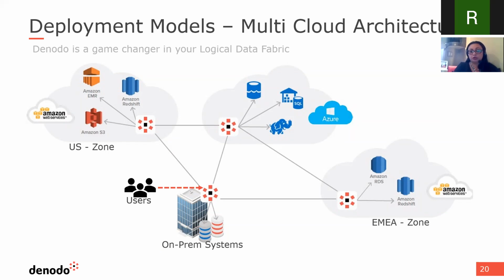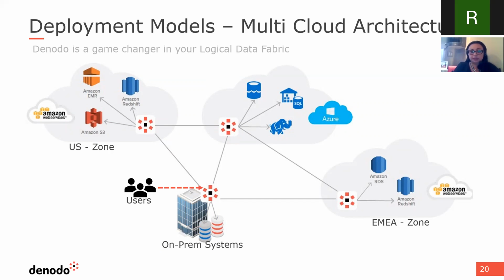That local Denodo instance is going to do local optimization, get information from the cloud sources, again, only relevant information, and then propagate it back to the local Denodo instance, which is going to combine everything and present it to the user. Critical benefit here is latency on the network.